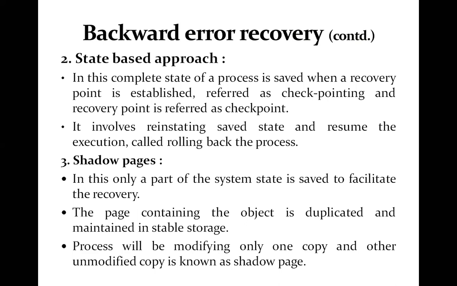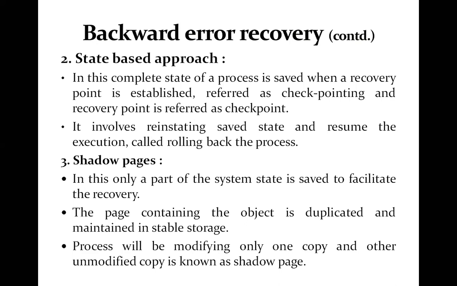Now, the operation based approach and the state based approach later gave rise to a combination of these two. By taking the advantages of these two approaches, another approach was given, called shadow pages. In this technique, only a part of the system state is saved to facilitate recovery.